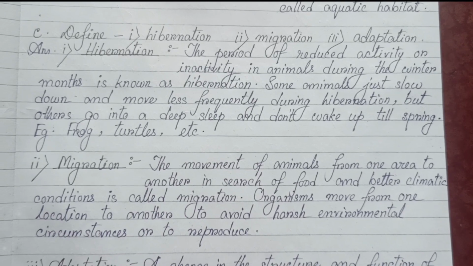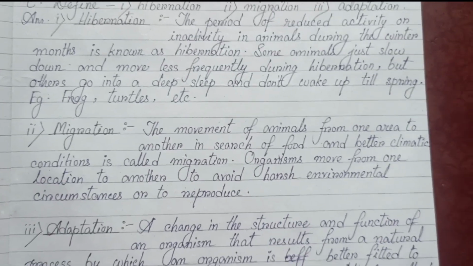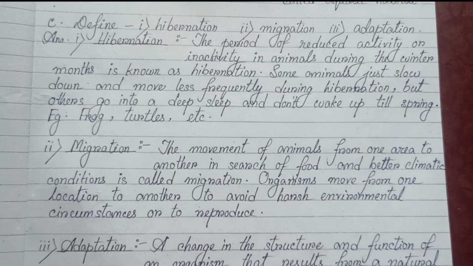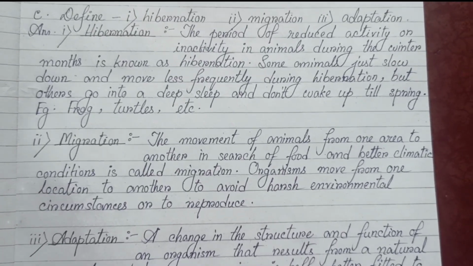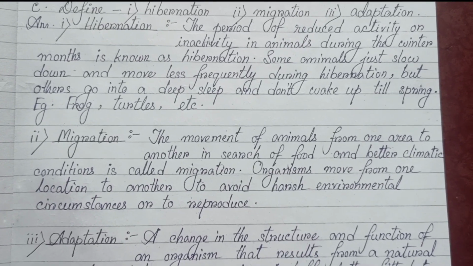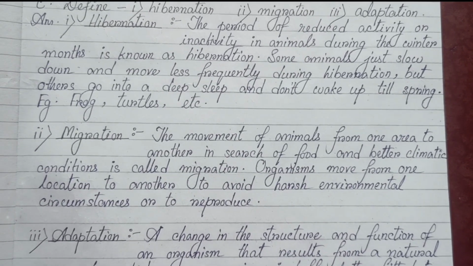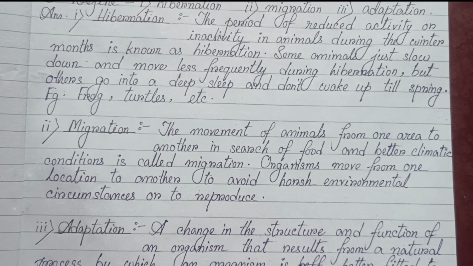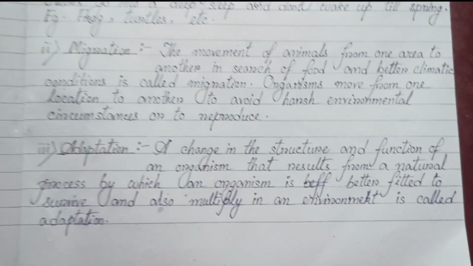Example: frog, turtles, etc. Migration, the movement of animals from one area to another in search of food and better climatic conditions, is called migration. Organisms move from one location to another to avoid harsh environmental circumstances or to reproduce.